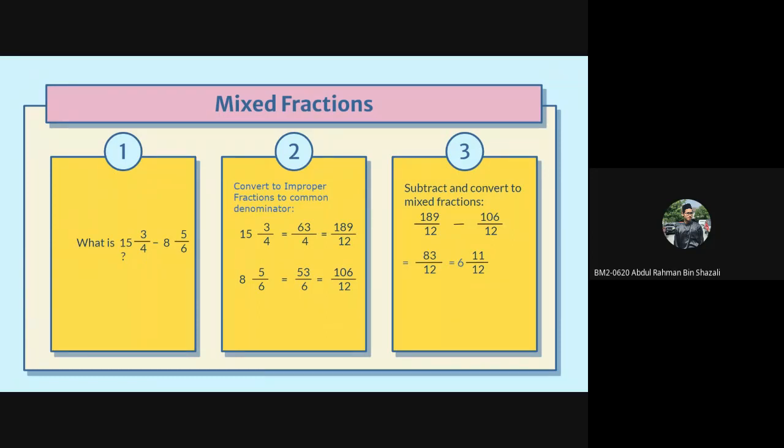So the answer for the improper fraction with common denominator is 83 over 12. And then lastly, we have to convert to a mixed fraction. 83 over 12 changed to a mixed fraction is equal to 6 11 over 12. So that's all for fraction and mixed fraction.